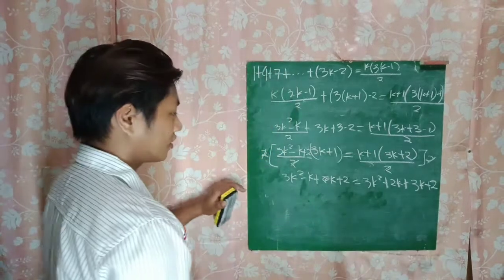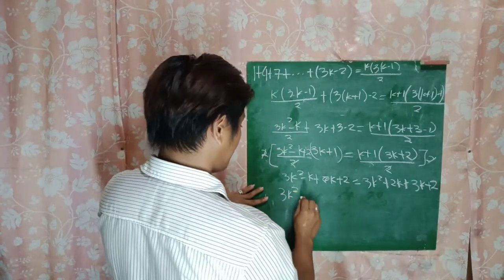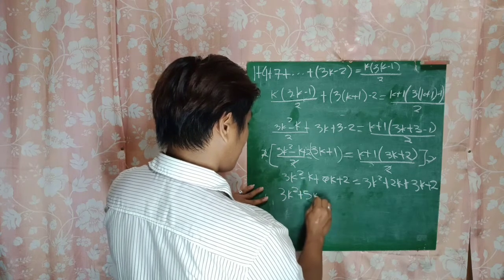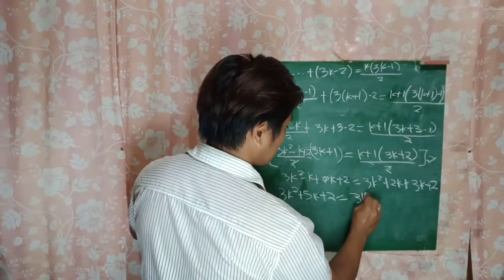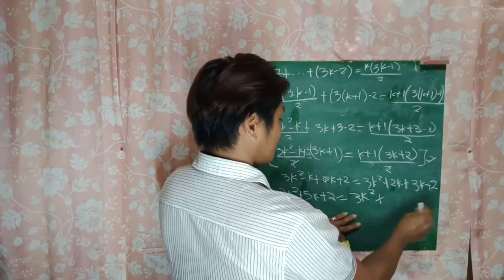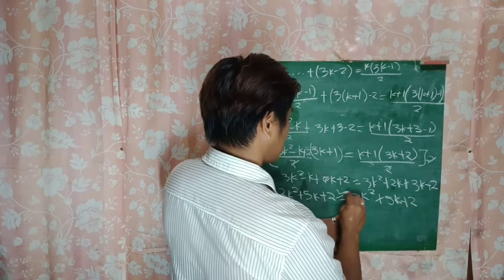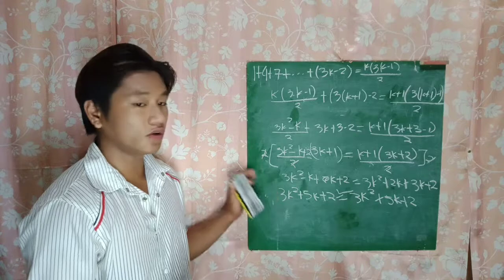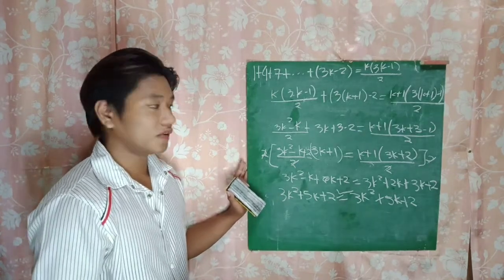So combine like terms, we have 3k squared plus 5k plus 2 equals 3k squared plus 2k plus 3k, we have 5k plus 2. So we can conclude that the given equation is true for all positive integers.